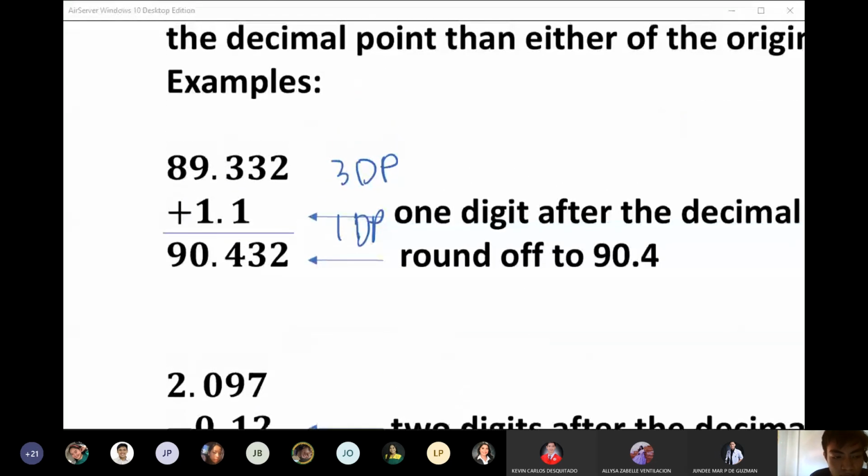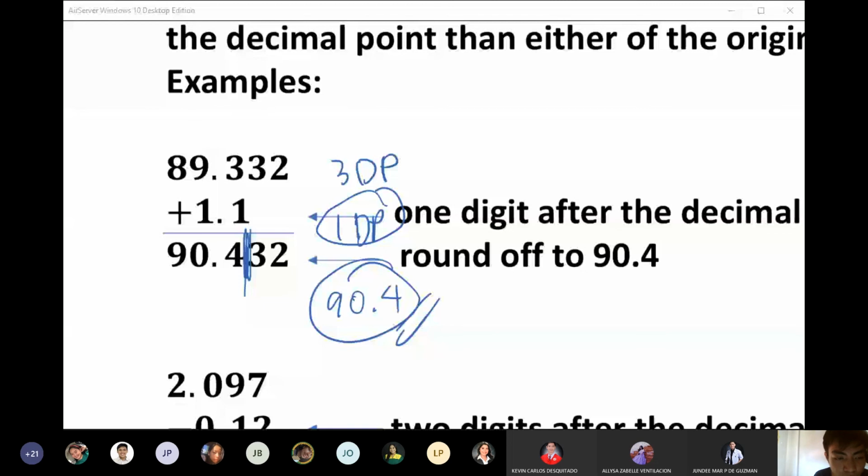So in our final answer, we cut the number at the first decimal place, because this is the least. So we end here. We look at the number on the right side. That is 3. So what do we do? Round down. Round down, meaning you're just going to neglect it. And the answer is 90.4.